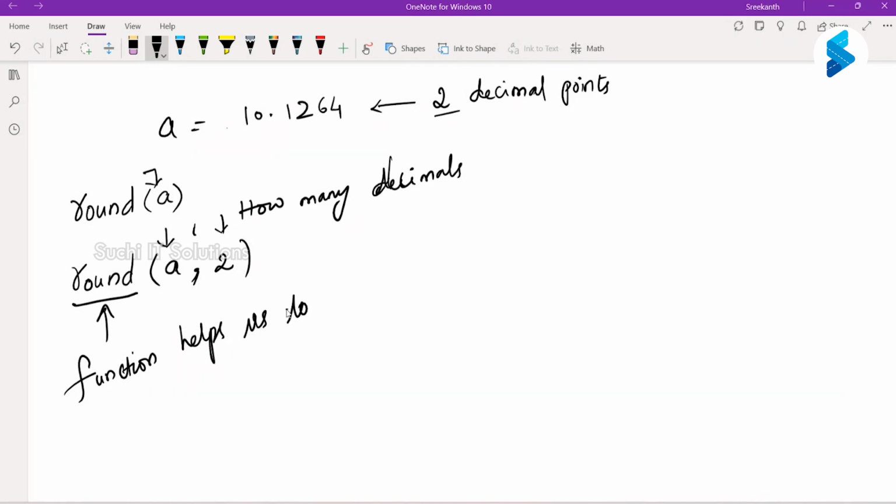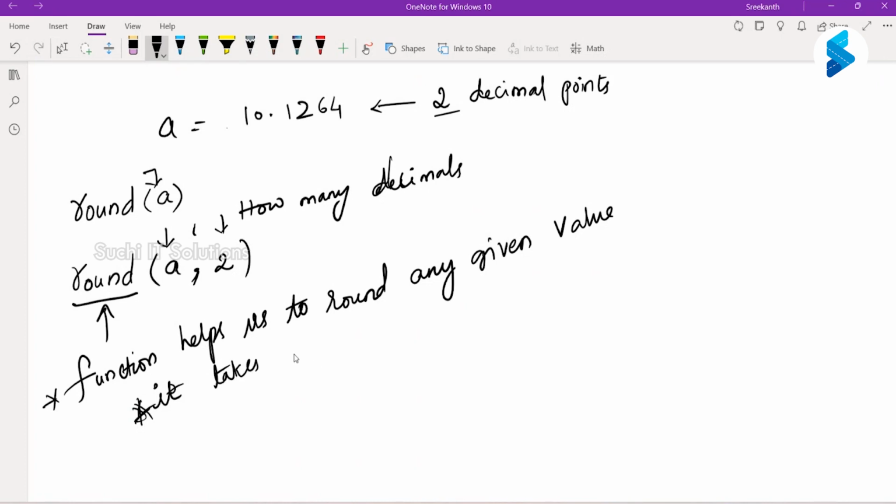So this is what round is: a function that helps us round any given value. It takes 2 parameters.